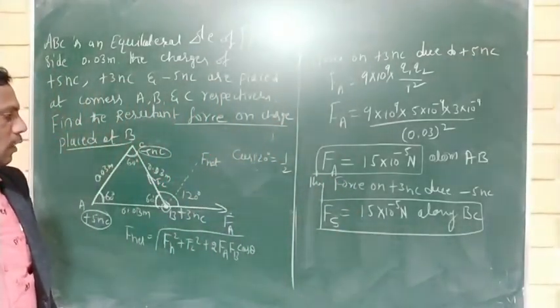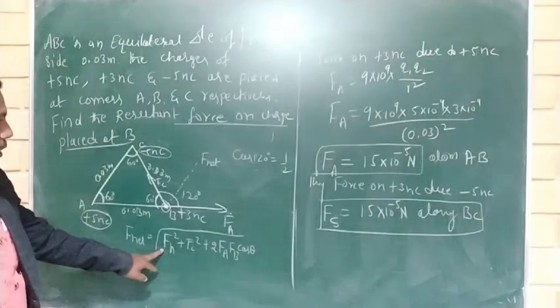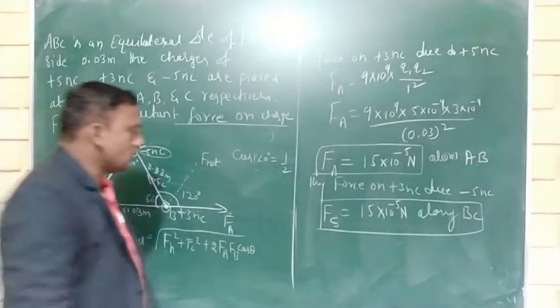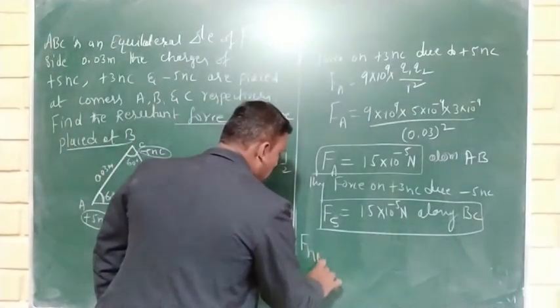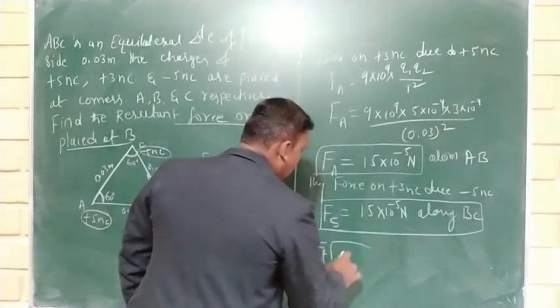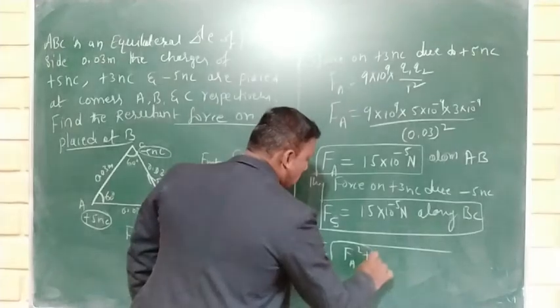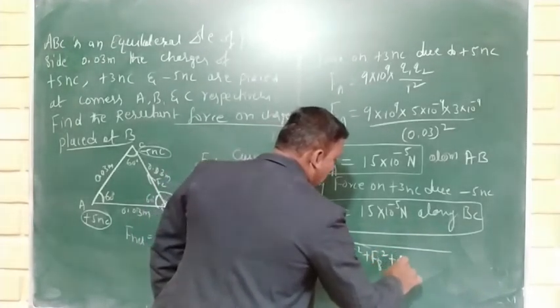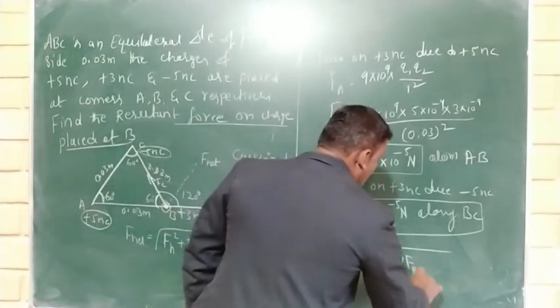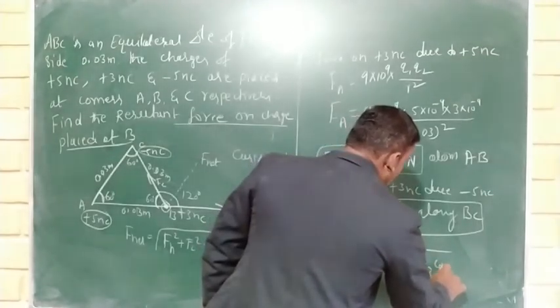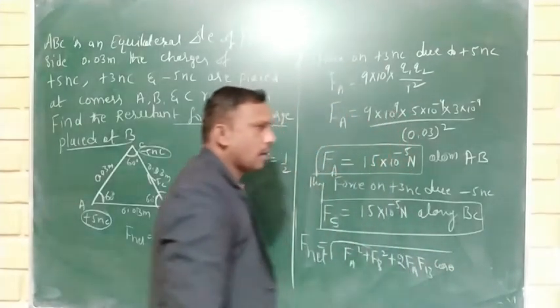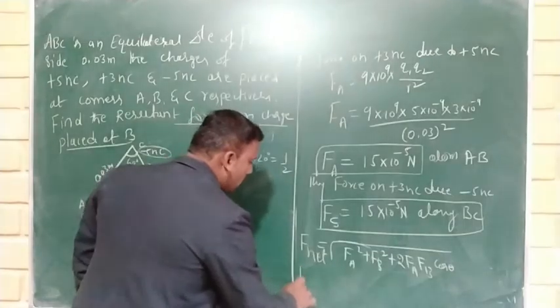Therefore, the net force, using this formula, F net is equal to the square root of FA square plus FC square plus 2 FA FC cos theta.